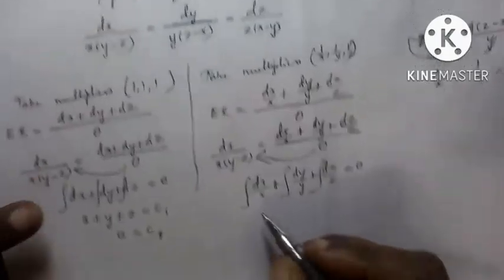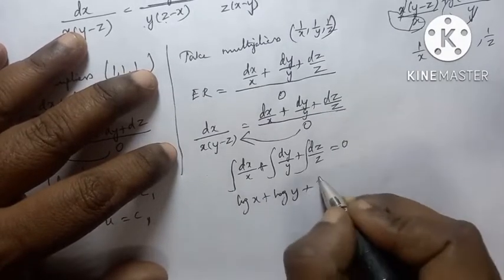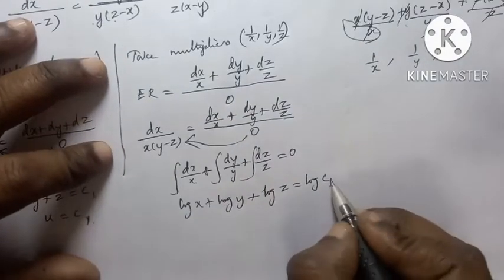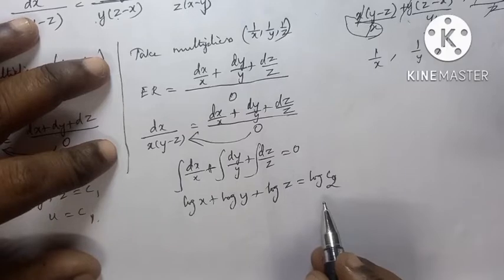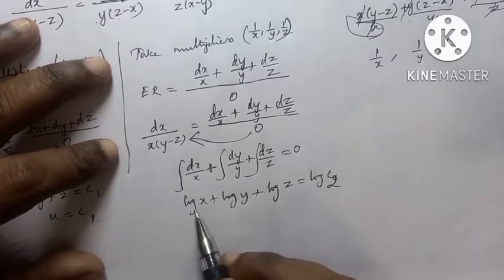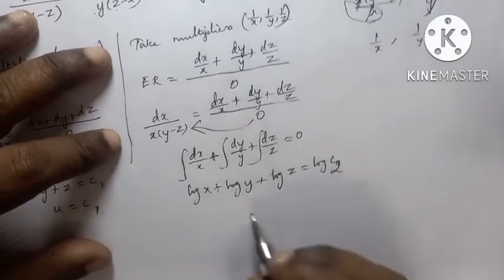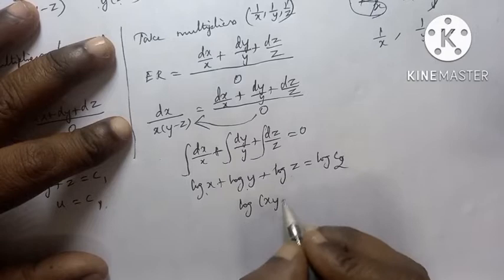Integrate: log x plus log y plus log z equal to log c2. C1 is already used, so the constant of integration is simply C2. Since everywhere there is log, I write the constant of integration also as log C2. Log A plus log B plus log C is log of ABC.